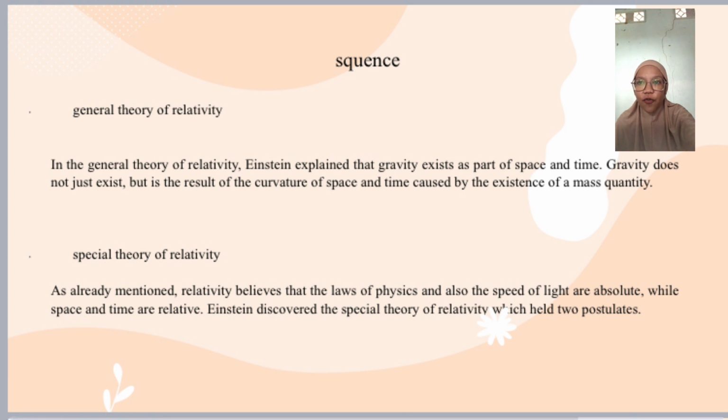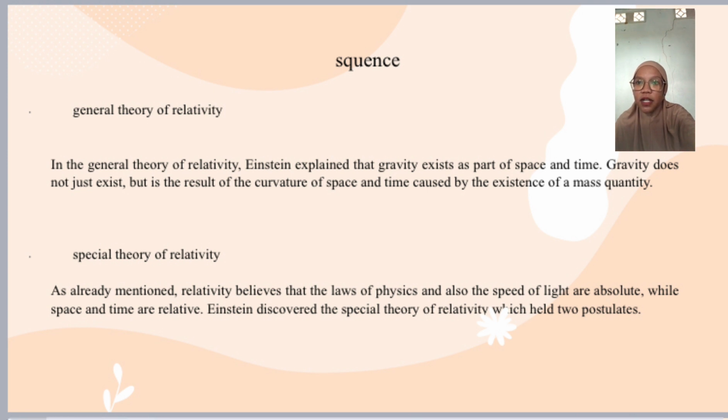General theory of relativity. In the general theory of relativity, Einstein explained that gravity exists as part of space and time. Gravity does not exist as a force, but is the result of the curvature of space and time caused by the existence of a mass quantity.